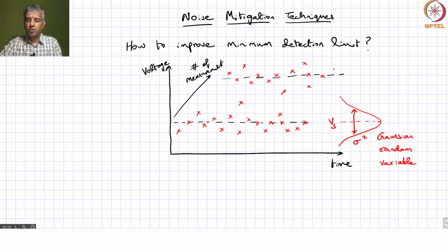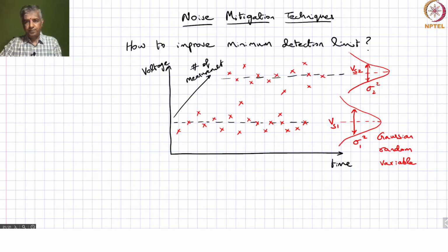Okay. So essentially, we are looking at this as another Gaussian random variable, which will once again show the same mean. If we call this Vs1, let's call this Vs2. It's typically the same mean, and if we call this sigma 1 square, you get sigma 2 square over there.